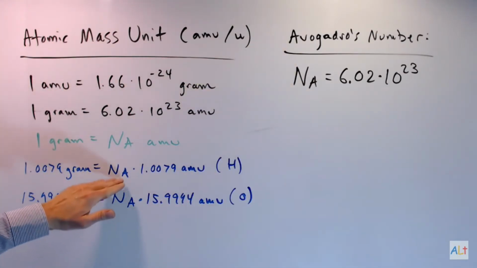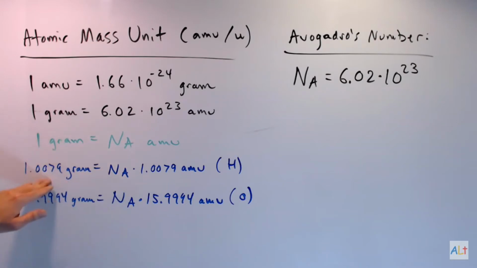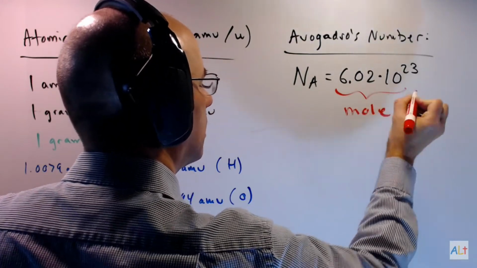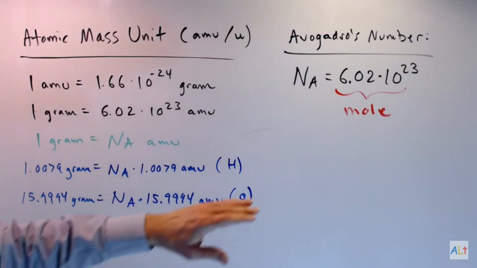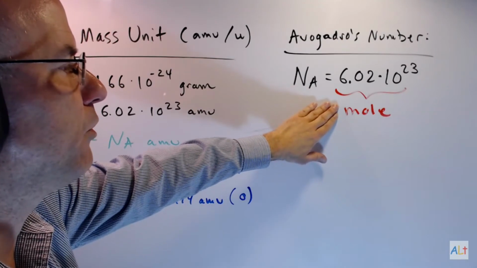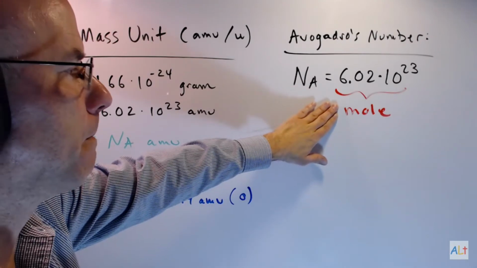If you have exactly 6.02 times 10 to the 23rd power hydrogen atoms, that's going to have a mass of 1.0079 grams. And it's a similar story for oxygen. When you have that many atoms, we call it a mole. The word mole is simply a word that represents a number.